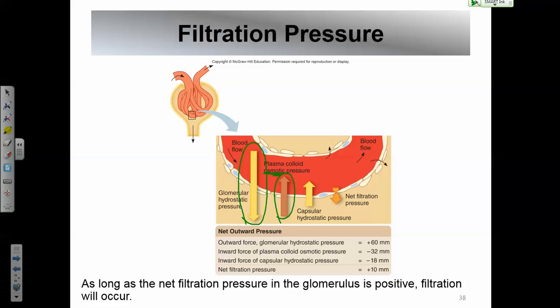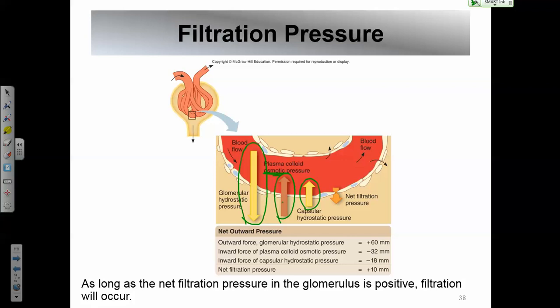Because the arrow is moving in the opposite direction, that means it opposes filtration. But because it's a smaller arrow than the glomerular hydrostatic pressure arrow, if you just had those 2 pressures, filtration would occur, right? But you have a third pressure, and it opposes filtration. It's the pressure due to the presence of the fluid in the capsule.